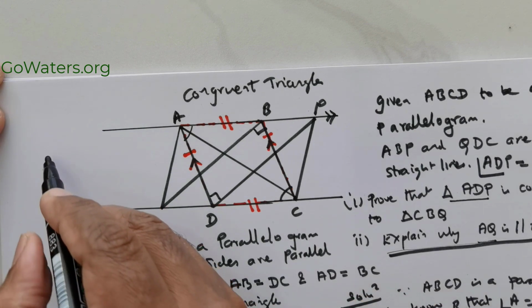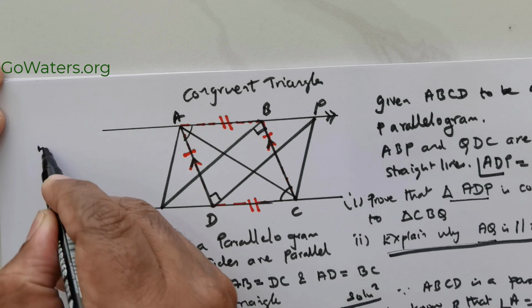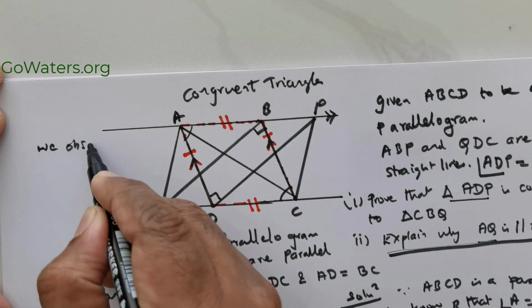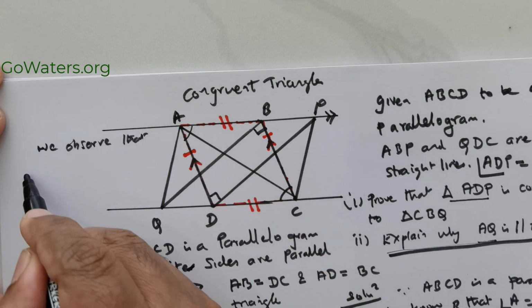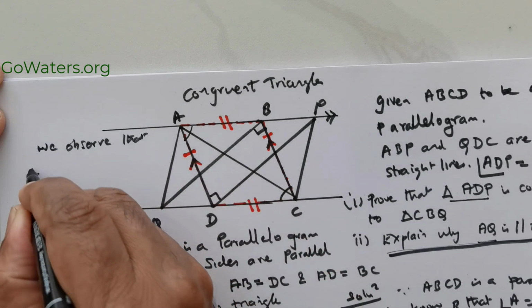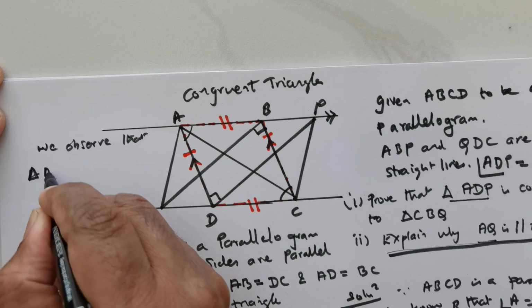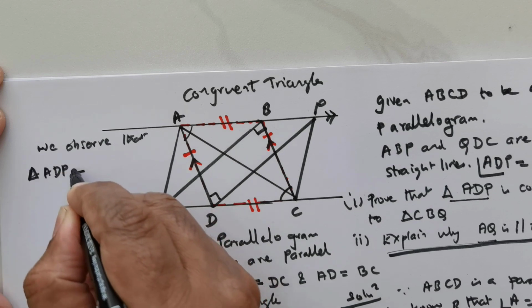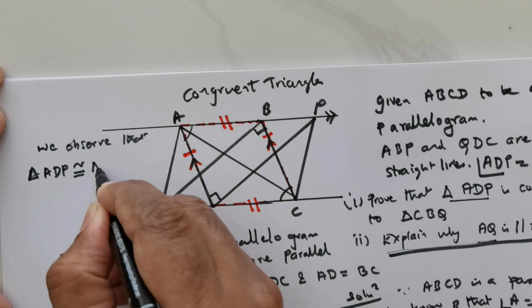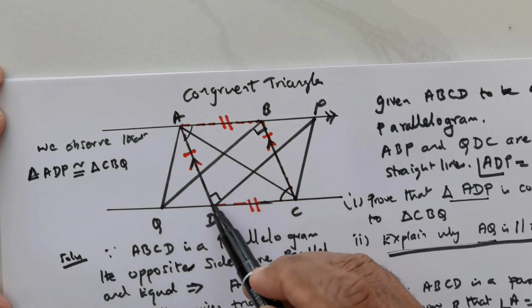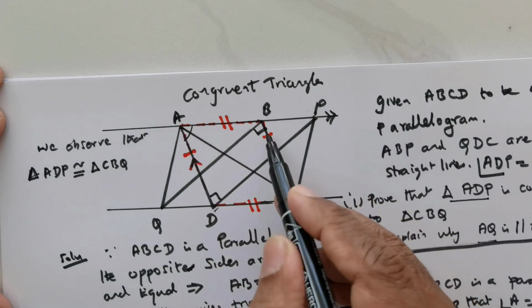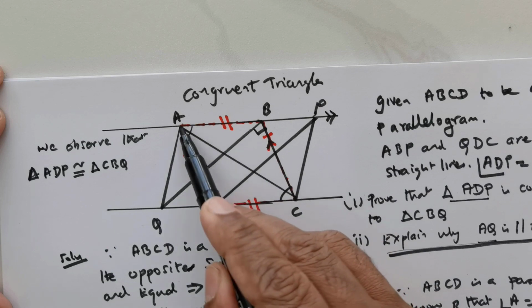So let me state that we observe that triangle ADP is congruent to triangle CBQ. So ADP, right? ADP is congruent to CBQ.